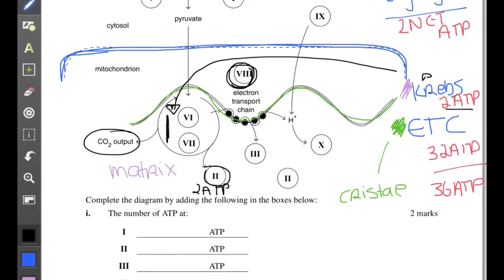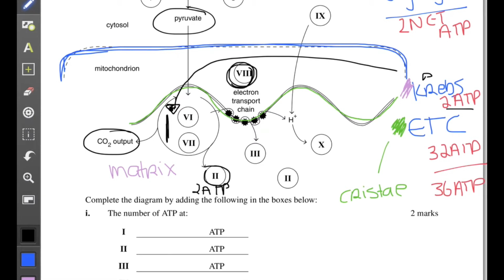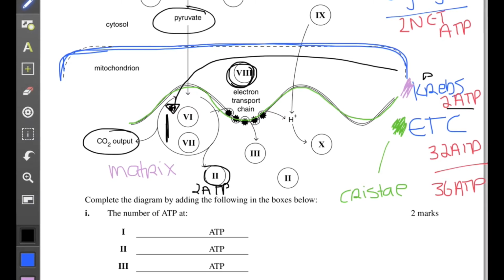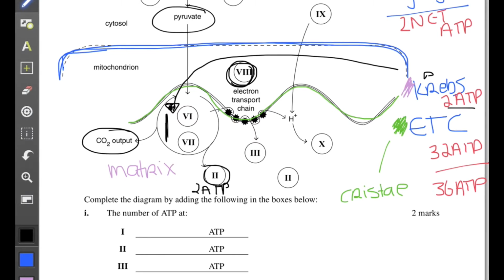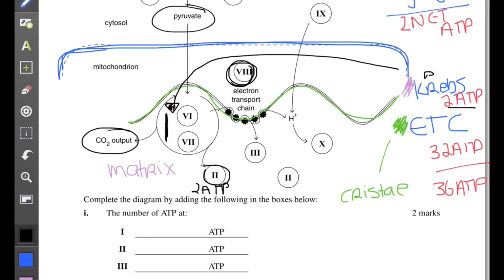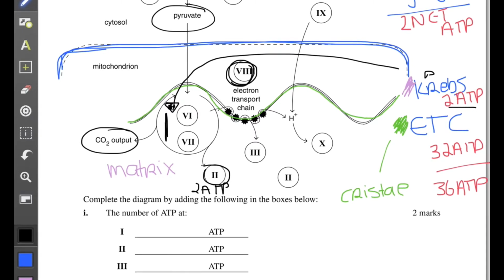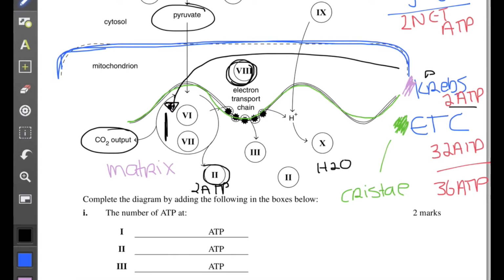We know that pyruvate is an input for the Krebs cycle. We produce 2 ATP and then we also produce carbon dioxide. Awesome. So what else do I need to label before we go through this? Electron transport chain. We know that water is produced as an output, so I'm just going to put that here somewhere. It must be occurring there. And then we know that we've got the 32 ATP.